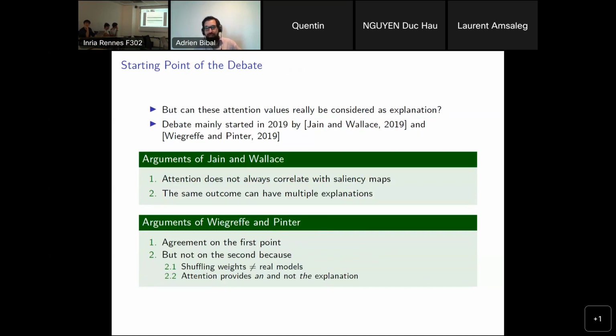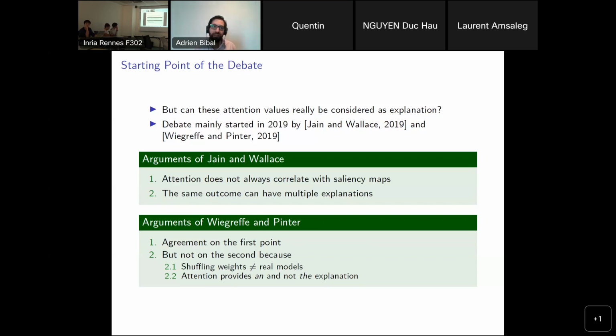So, at the start, we will consider a debate that started in 2019 with two papers, by Jain and Wallace and by Wiegreffe and Pinter. They consider the question: can the attention values or weights in the attention layer or layers really be considered as an explanation of the model?